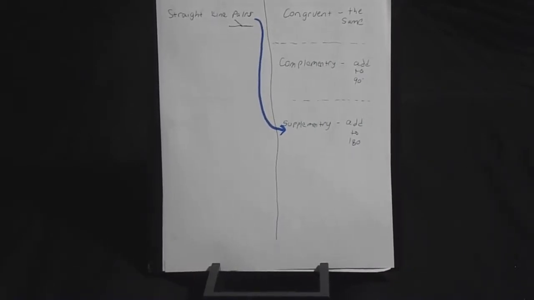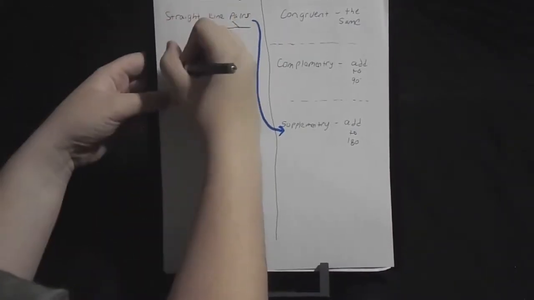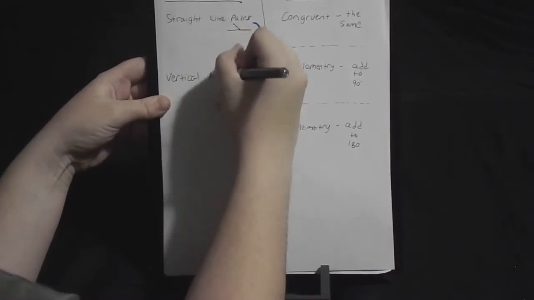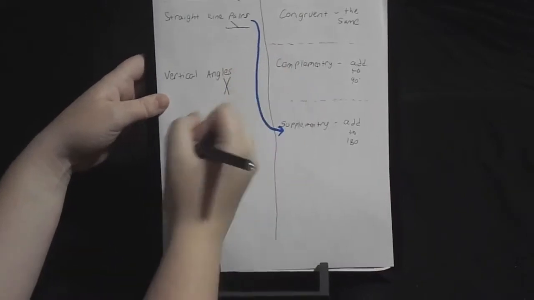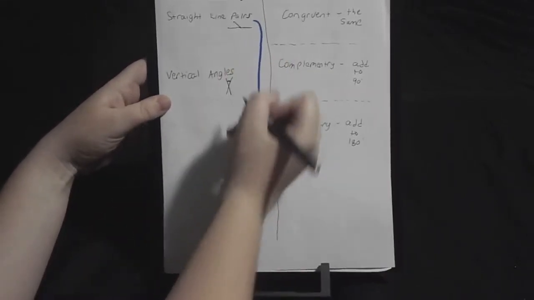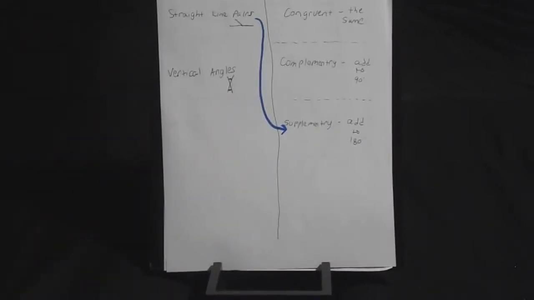Another type of angle pair that we've learned so far is vertical angles. And remember, vertical angles were directly across from each other. So in this situation, this one here up atop and this one here down below would be considered vertical angles.